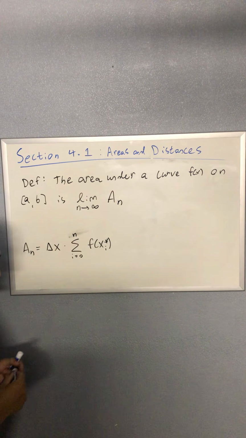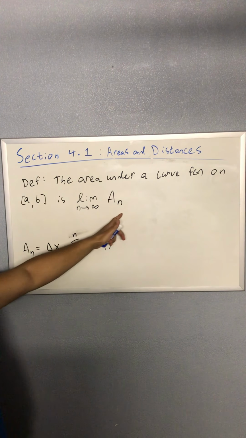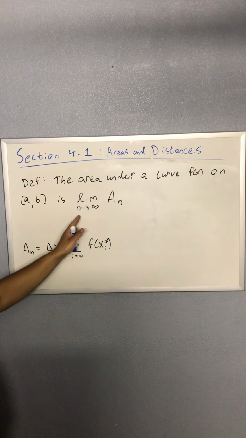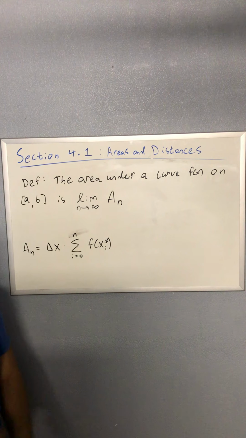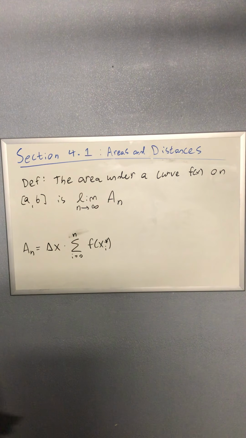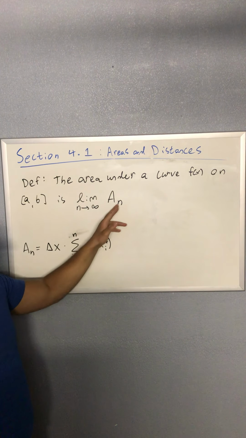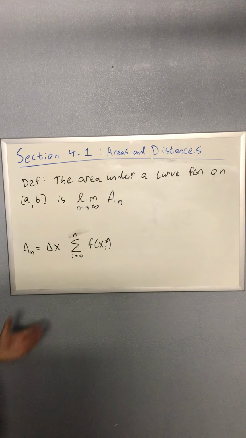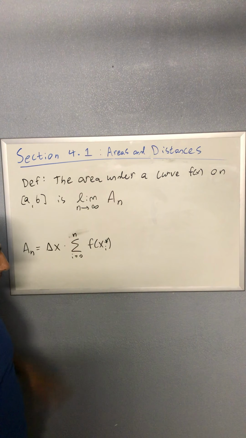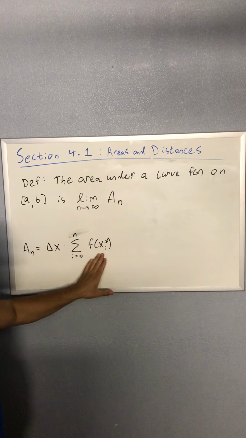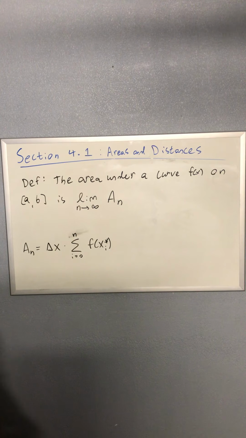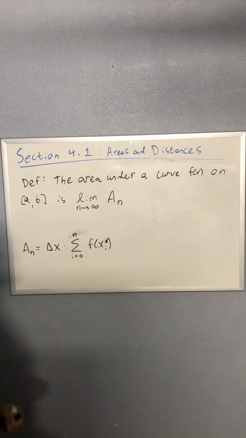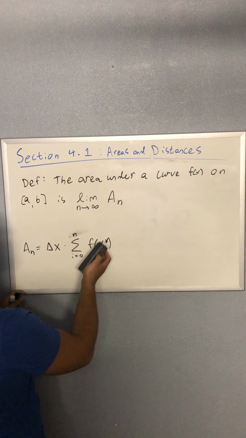So if you start taking an infinite amount of rectangles, so you just take a bunch of rectangles and let the number tend to infinity, we should get the perfect right answer. So we saw how it worked out for the case where A_n was the right endpoint, so R sub n. L sub n also works, but in general, for any area that we get using any set of sample points, this should work out. And this is kind of some of the technical stuff. Maybe you don't have to worry about it too much, but it has to be said at least once.